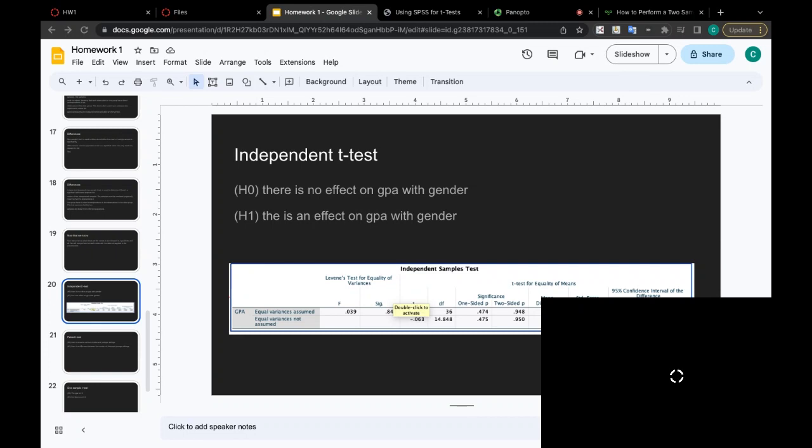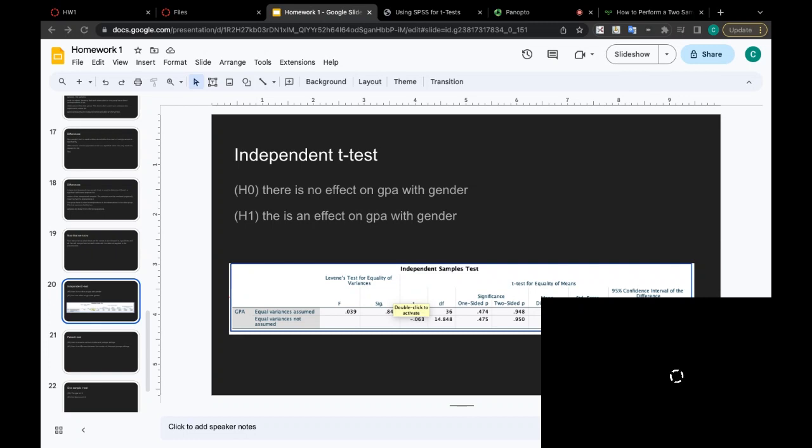Significance one-sided, two-sided, mean difference, standard error difference, and upper and lower. This assumes that it is a two-sided test. Alrighty, we got this. Now we're going to go back.